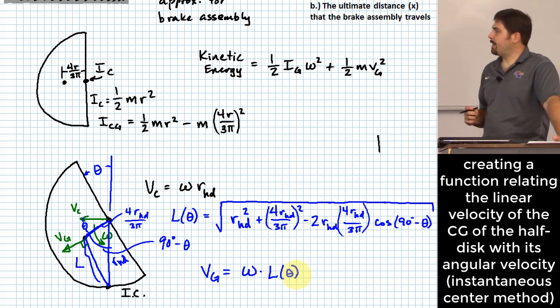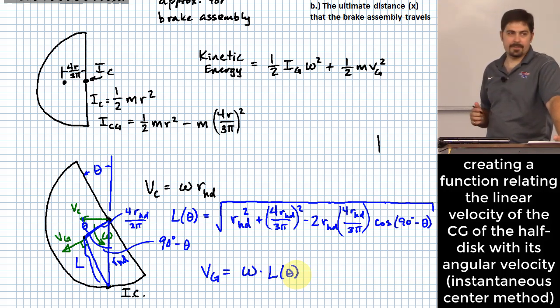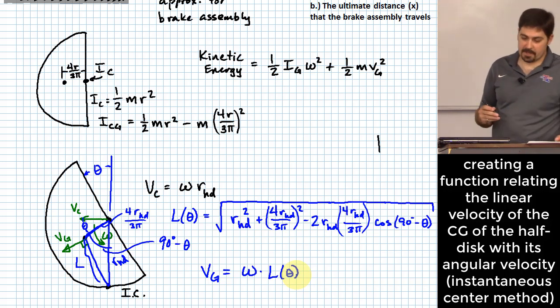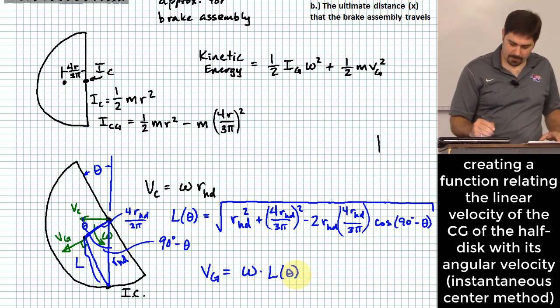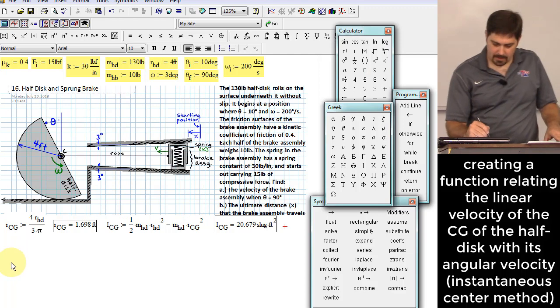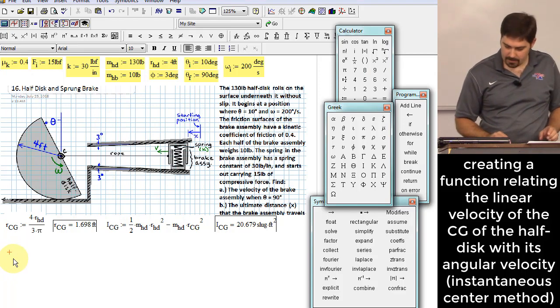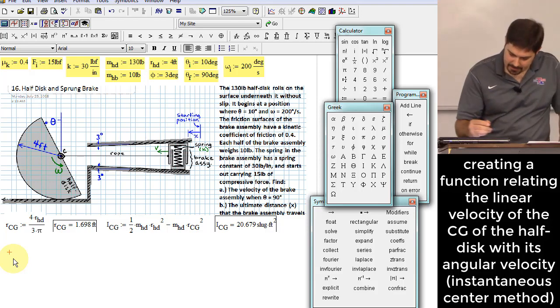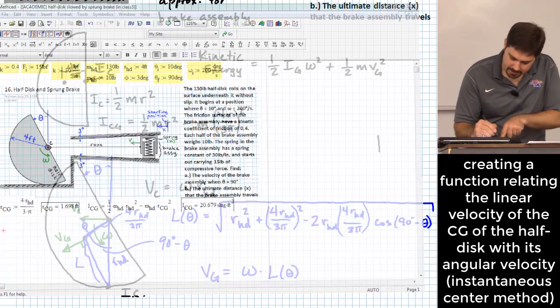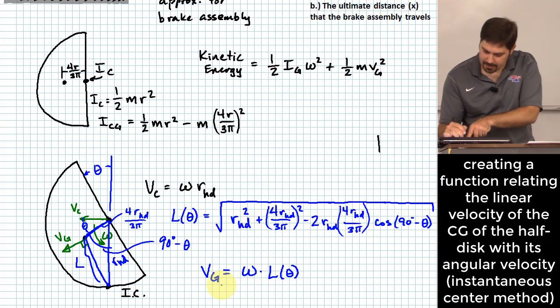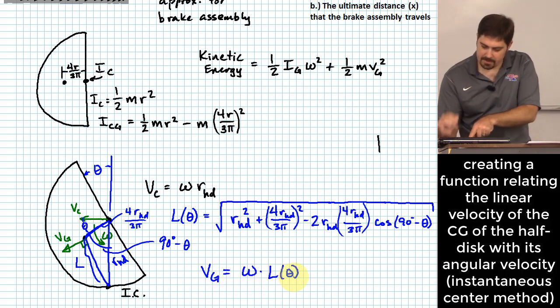So let me go ahead and get that put into my sheet as a function. I'm going to go back to my Mathcad sheet, and this is basically what we had. I'm going to do it all in one shot just to save a little bit of time. VG is omega times L of theta.